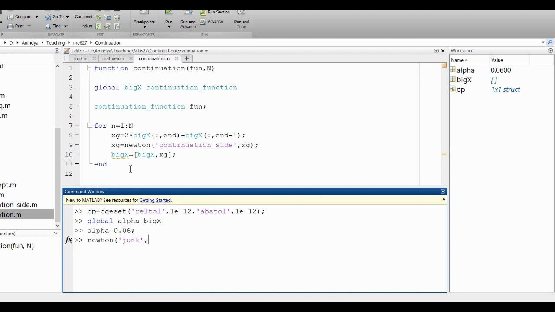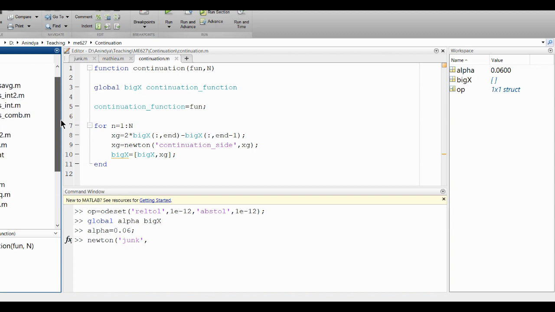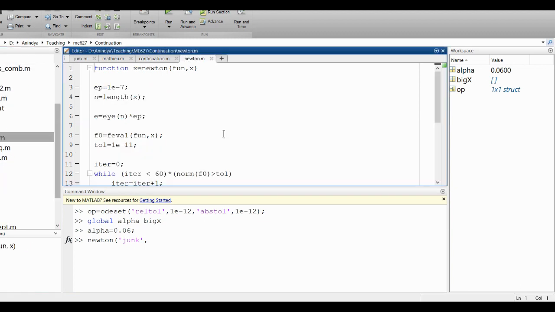Let me look at Newton and make sure that I don't have a very tight error tolerance, because then I'll get into trouble. Let's make this 10 to the minus 9. Let's make this 10 to the minus 5. That should be all right.